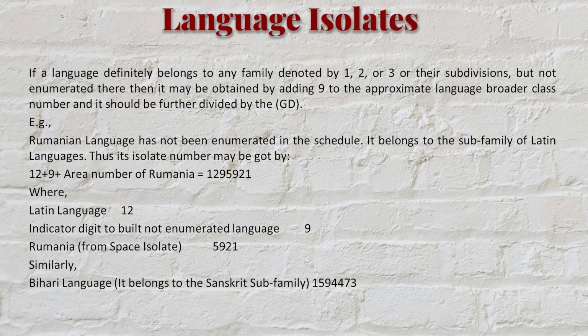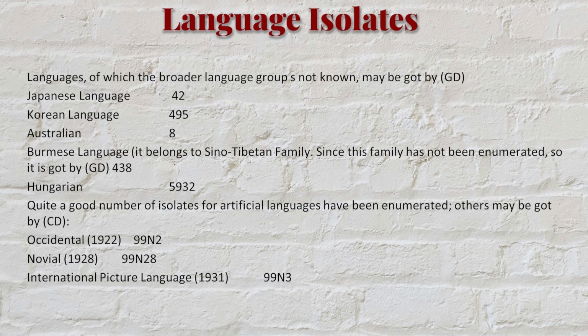The area number for Romania is 5921. So, the Romanian language is 1295921.